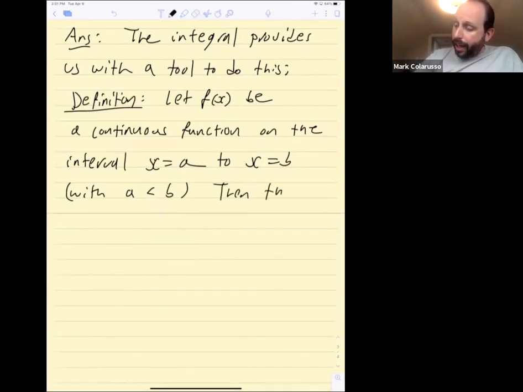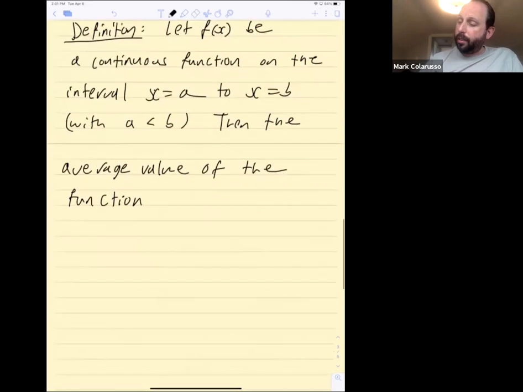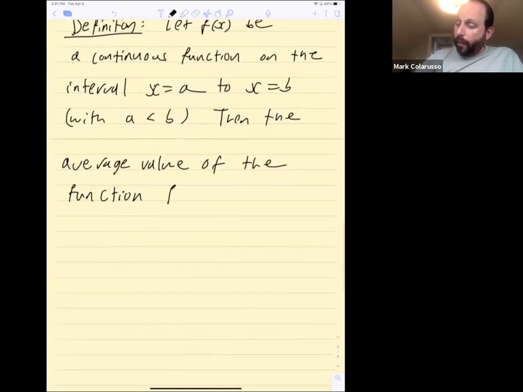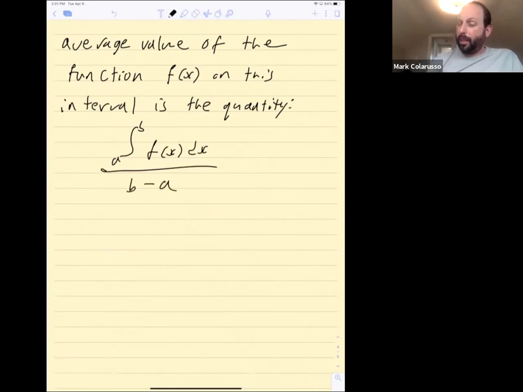Then the average value of the function f of x on this interval is the quantity integral from a to b of f of x dx, divided by the length of the interval, b minus a.